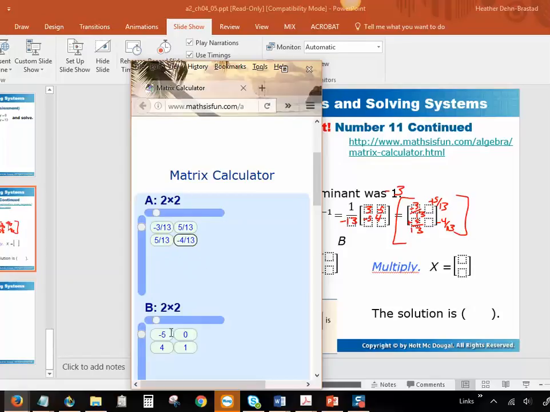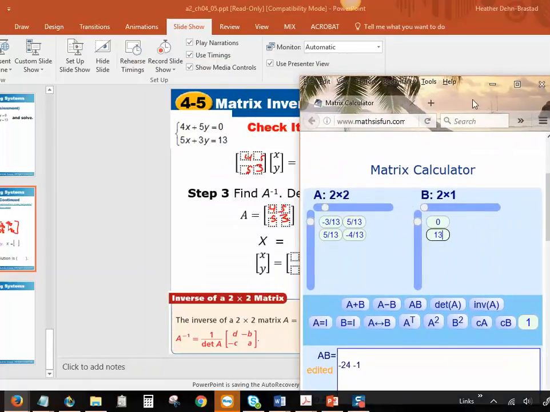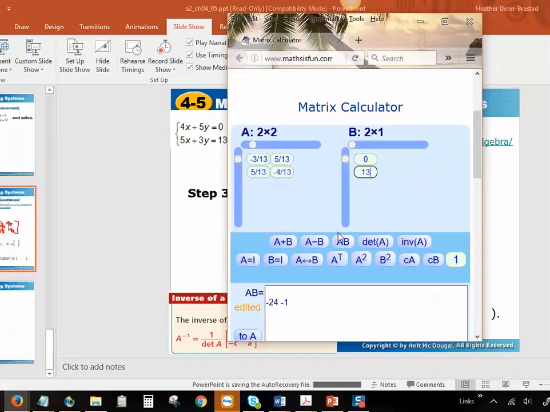And then our second matrix is only a 2 by 1 with the entries 0 and 13, I believe. Yep. Okay, now multiply A times B.